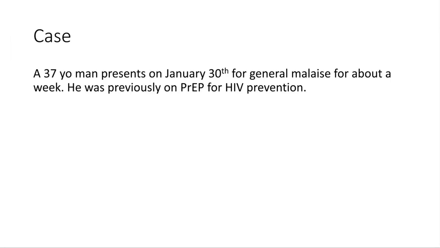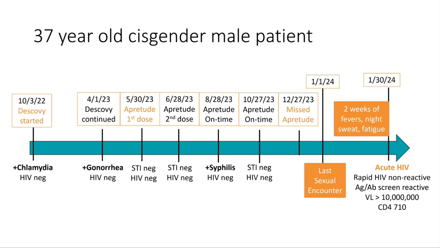Florida. This is another case of what regimen to start in someone who's treatment naive. So this is a 37-year-old man who came to our STD clinic on January 30th for general malaise for about a week or two. And he had been on PrEP for HIV prevention.